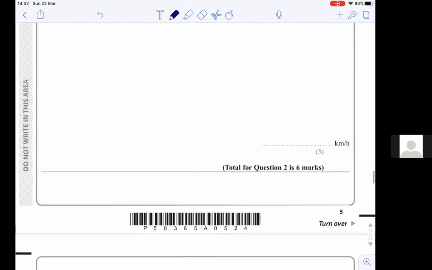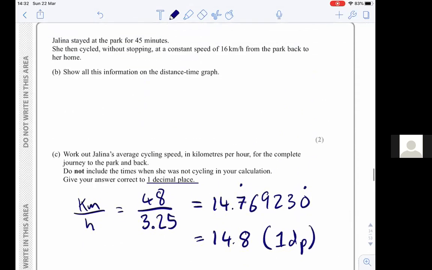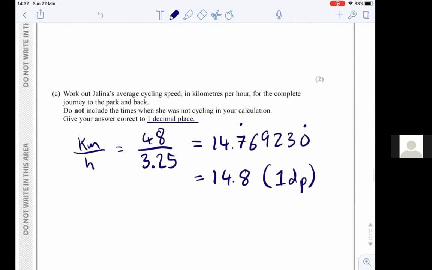Let's just make sure that's in the answer box. 14.8. Most common mistake on this one is to focus too much on this word average here and just do the average speed and divide it by 3.